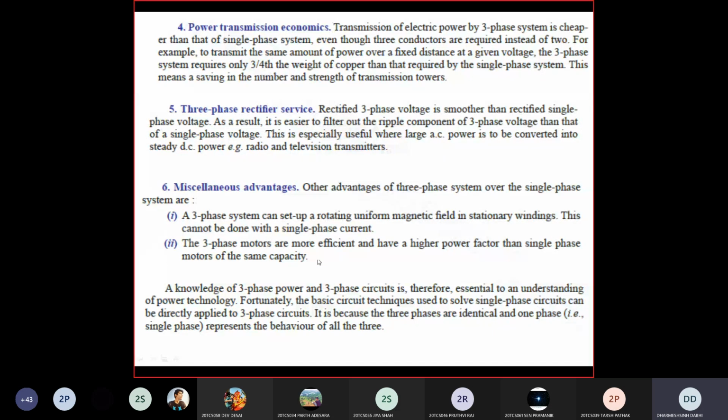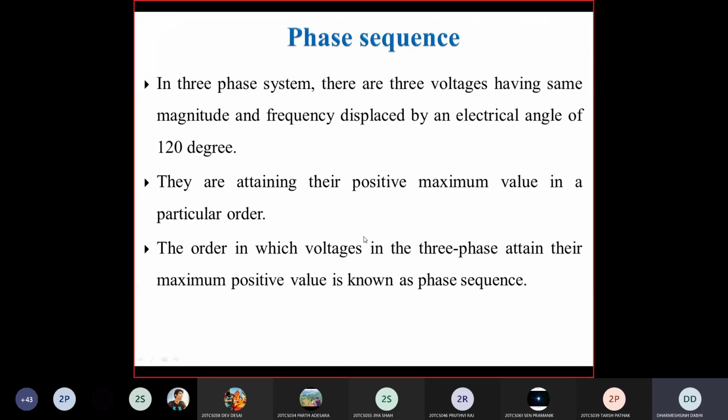Another advantage is that a three-phase system can produce a rotating magnetic field in the stationary stator winding. That is not possible with single-phase current, which is why a single-phase motor is not self-starting while a three-phase motor is self-starting. A three-phase motor is also more efficient because its power factor is higher. These are all the advantages of the three-phase system over the single-phase system.